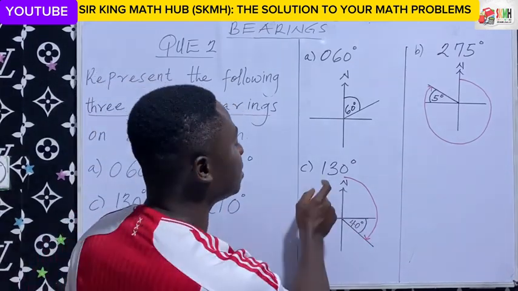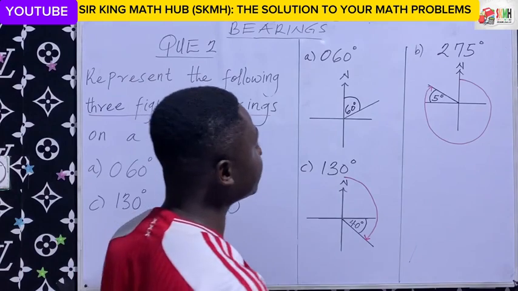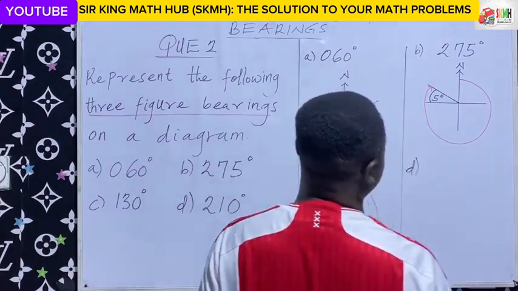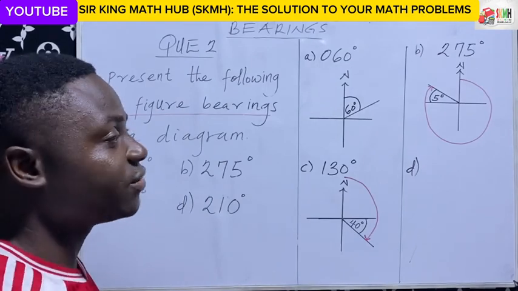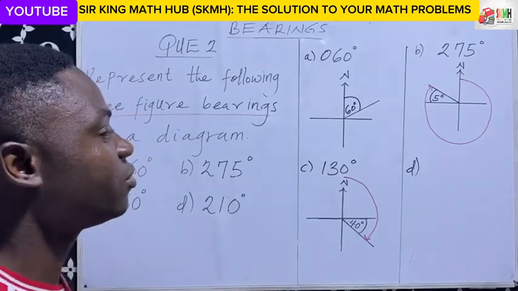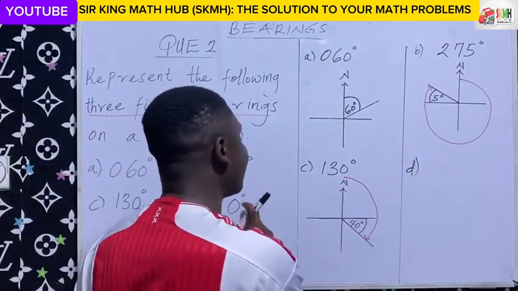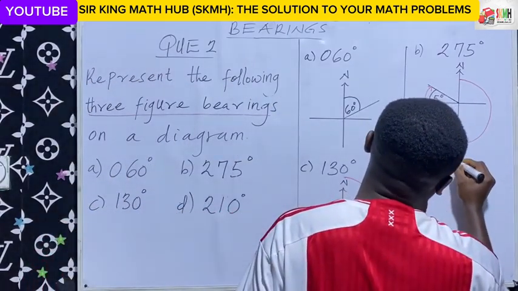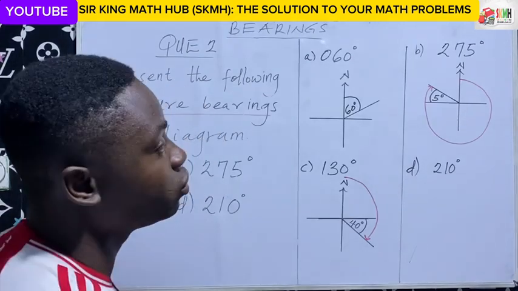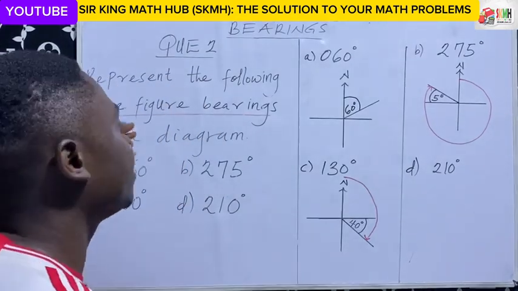So that is for the C. Now the last one, the last example. This one, you are doing it on your own. Give it a try. There's no harm in trying. So represent 210 degrees. You have to represent 210 degrees using the true bearing or a 3-figure bearing.